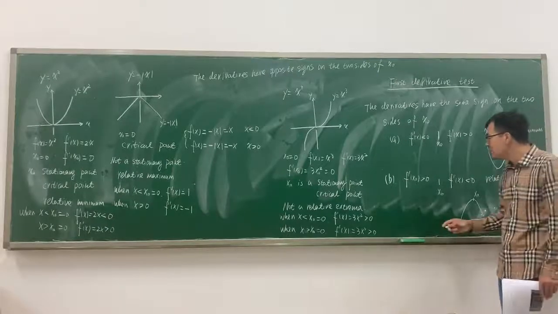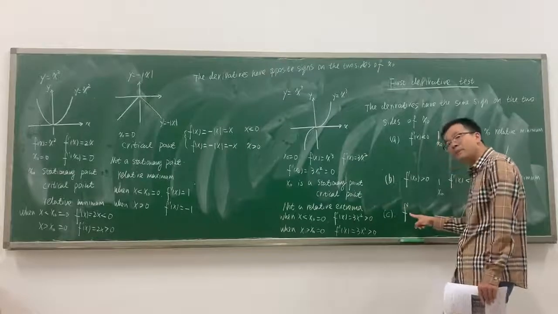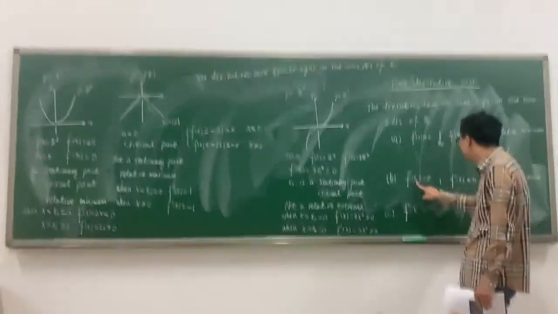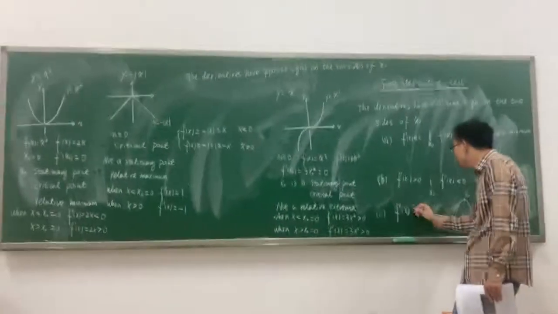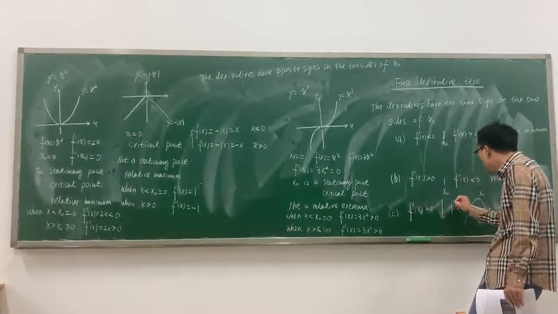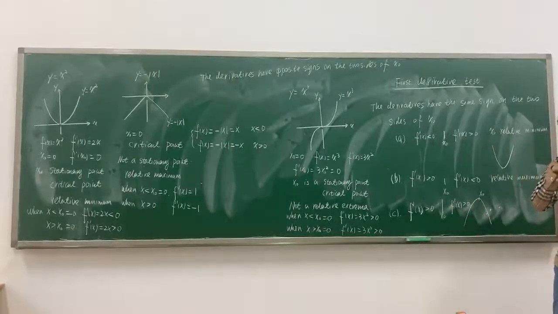So here, number C, it means f prime of x0. Oh no, I made a mistake here. When f prime of x is greater than 0 on the left and also greater than 0 on the right, it means the function is increasing.